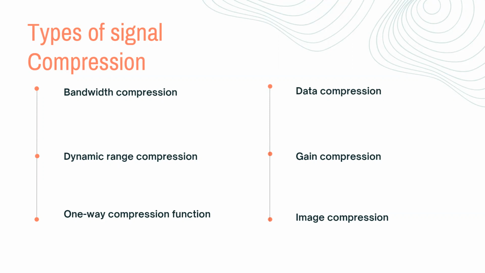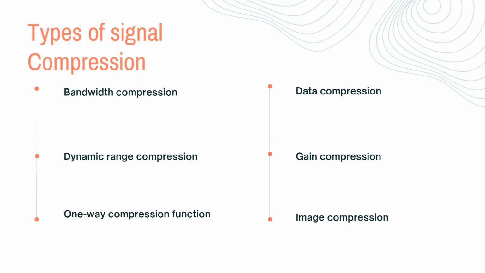Dynamic range compression, or simply compression, is an audio signal processing operation that reduces the volume of loud sounds or amplifies quiet sounds, thus reducing or compressing an audio signal's dynamic range. Fourth is the gain compression. Gain compression is a reduction in differential or slope gain caused by non-linearity of the transfer function of the amplifying device.